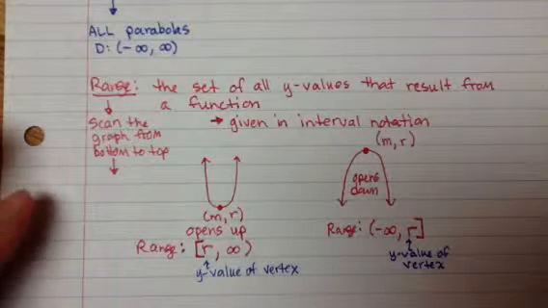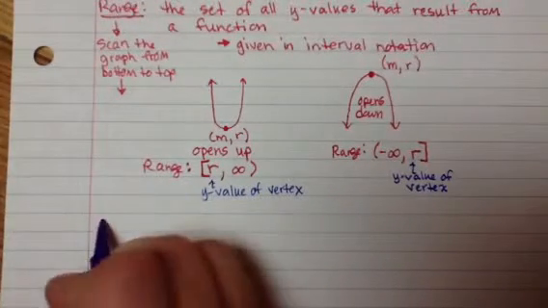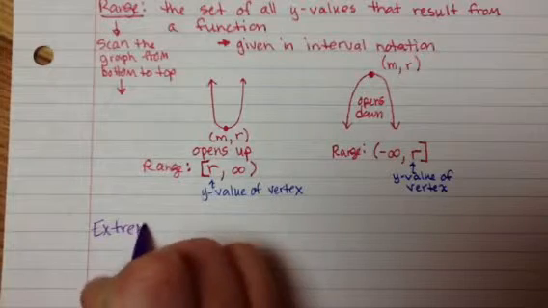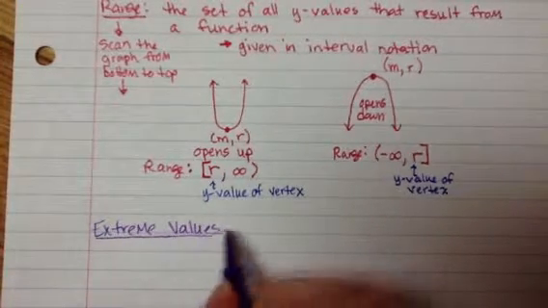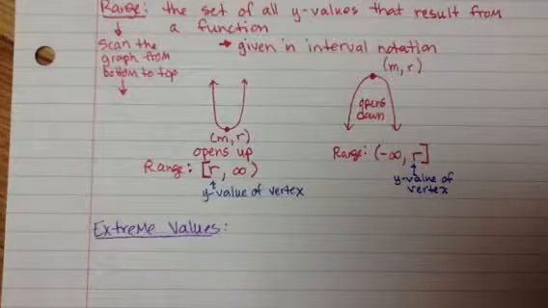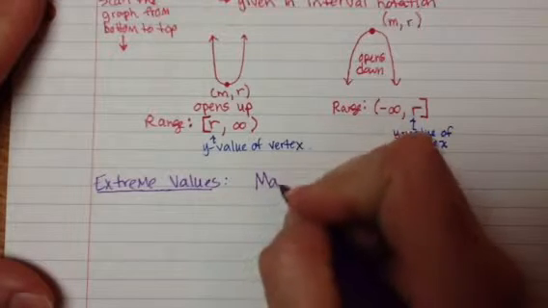The next feature we're going to talk about is the extreme value. Extreme values mean the maximum or minimum values.